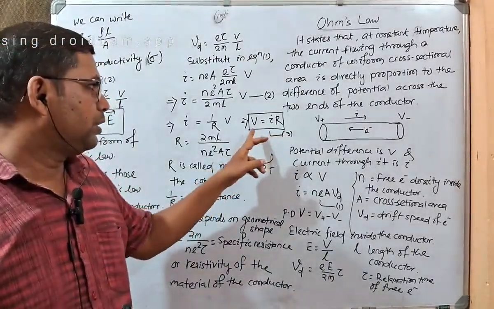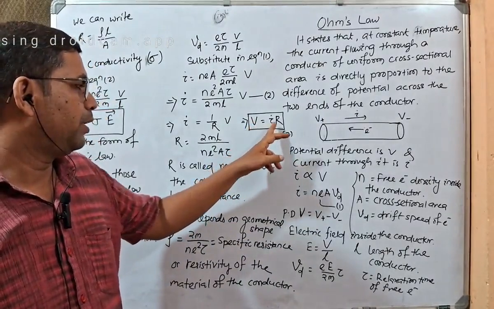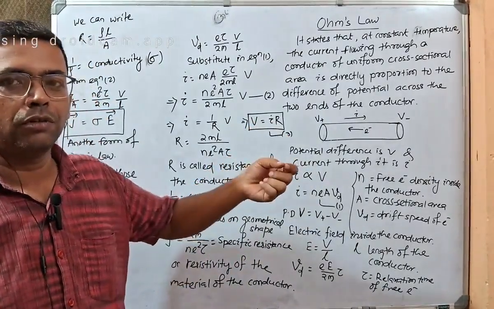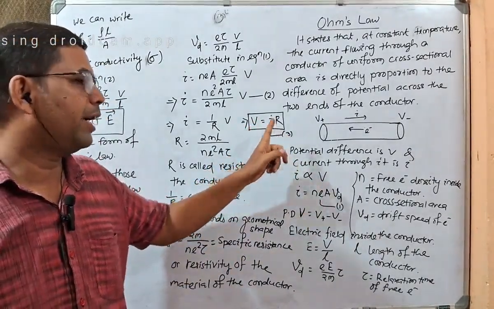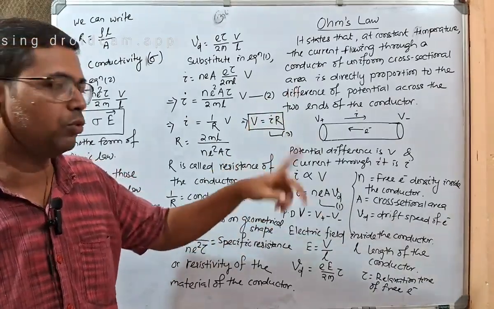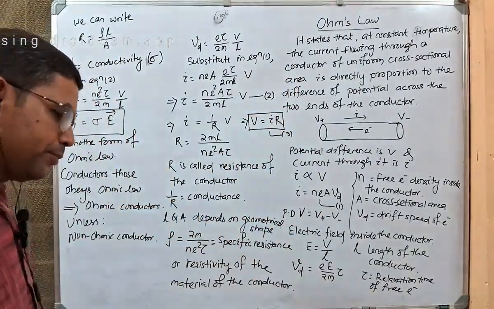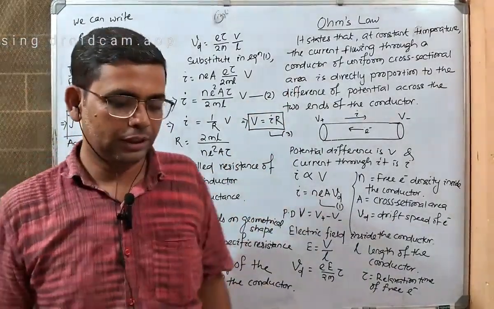This is a direct relation between V and current. If you draw a graph between V and I, it will be a straight line passing through the origin. We'll see that later.